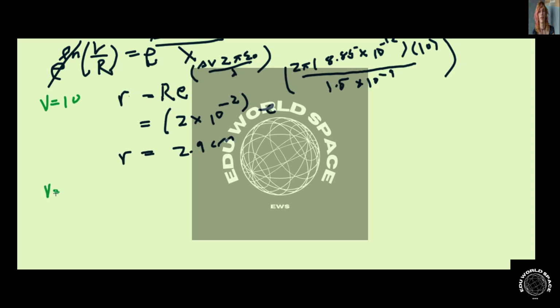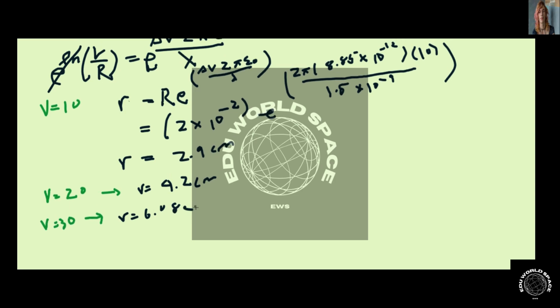If you just substitute the different voltages, the radius in this case is 4.2 centimeters. And now for voltage 30, V is equal to 30, the radius is going to be 6.08 centimeters.